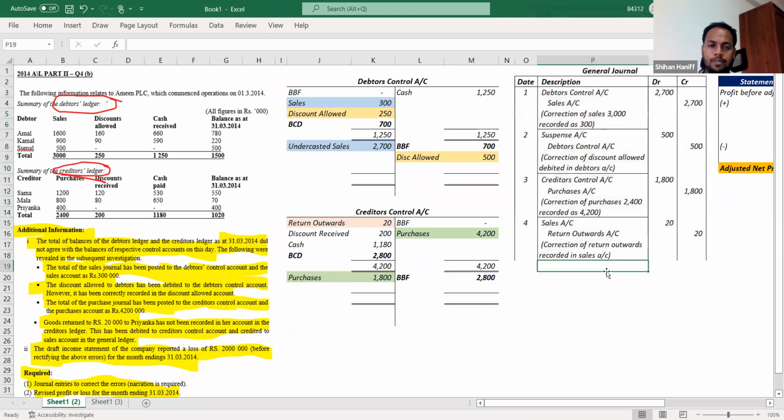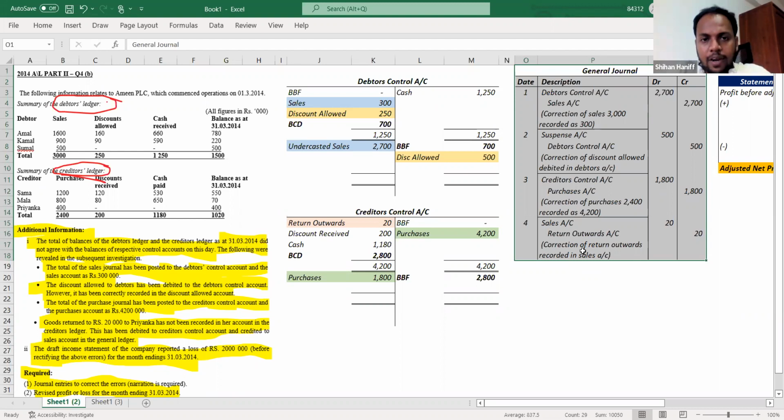Okay. So that is how we correct these 4 errors, correction of errors. I did this question in a different method.